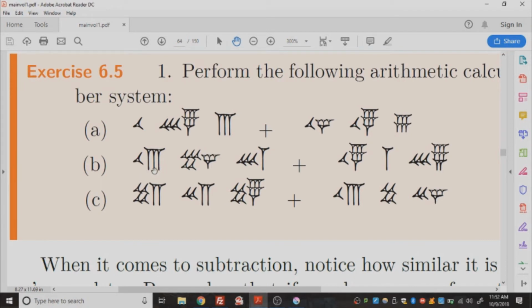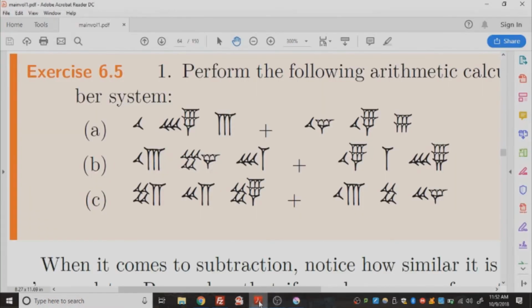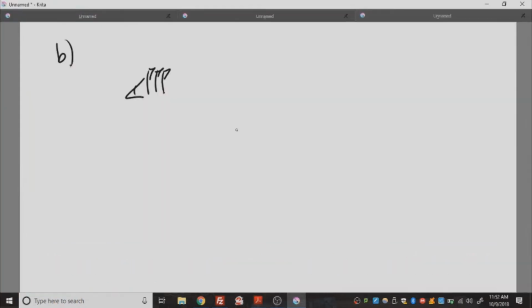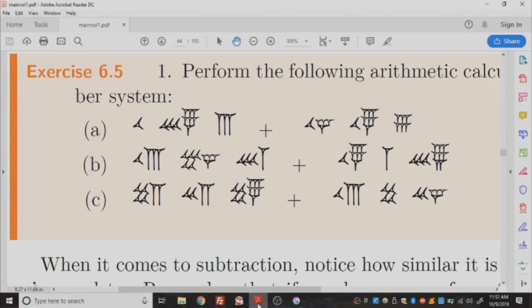So it's 13 for my first one. Leave some space at the top. You don't know how much I'm going to have to carry. 13, space, 54. That's going to be big.